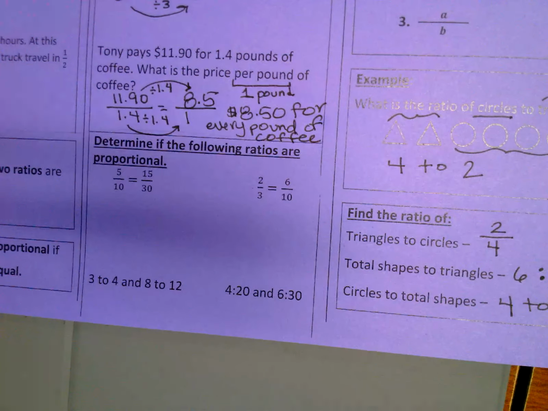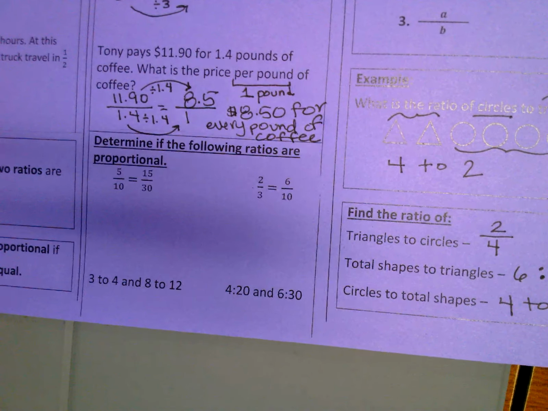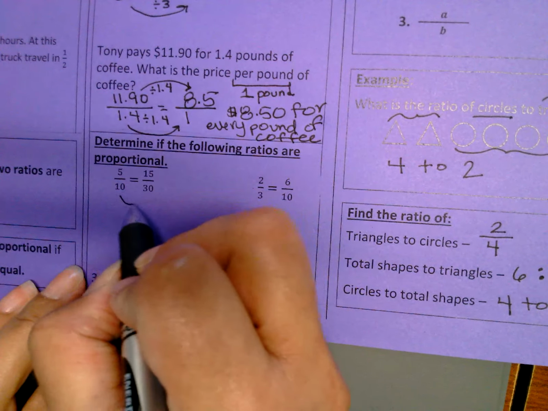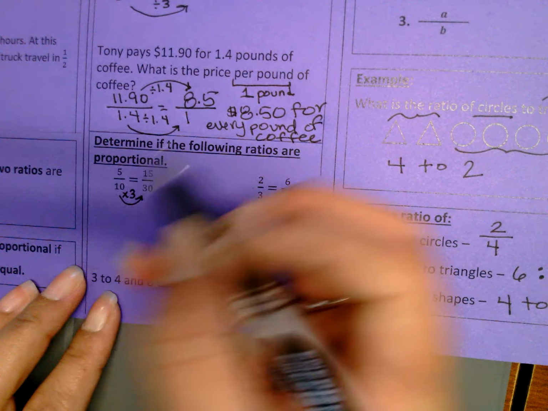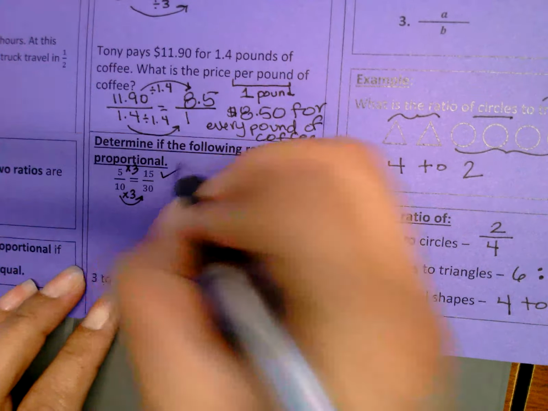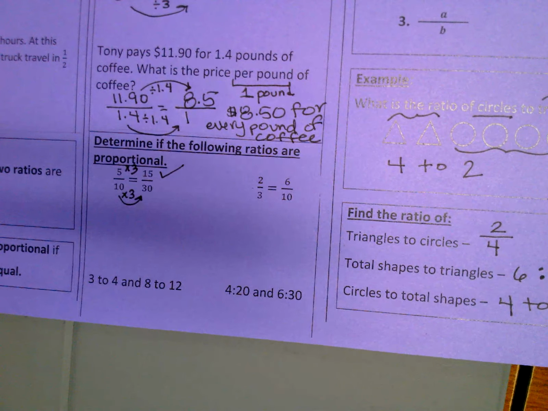So if times 3 worked at the bottom, if these are proportional, the times 3 better work on the top. Does it? Yeah. So if I do times 3 down here, and I do times 3 over here, does it give you this? Yeah. So then yes, these are proportional.